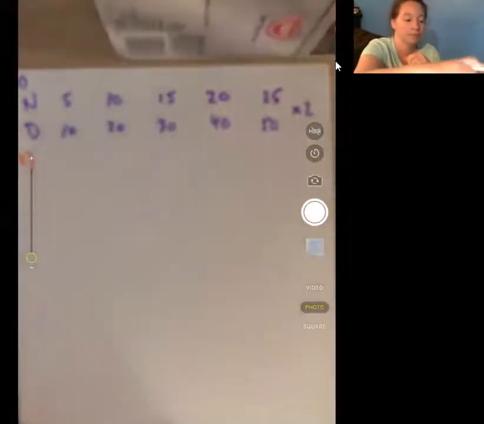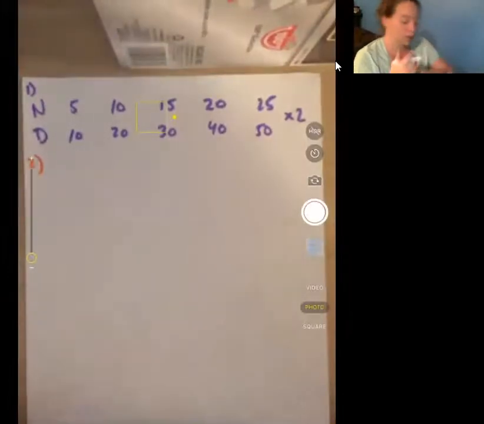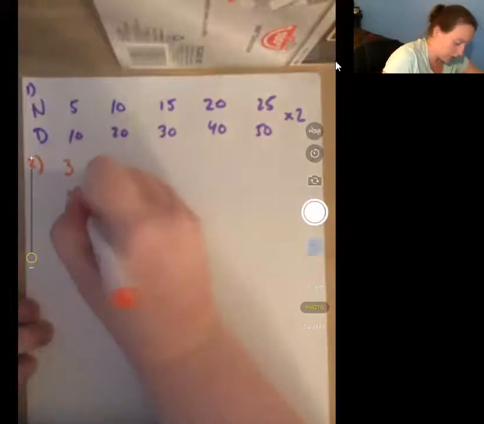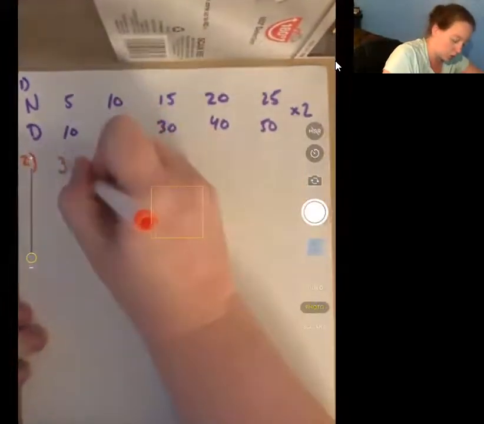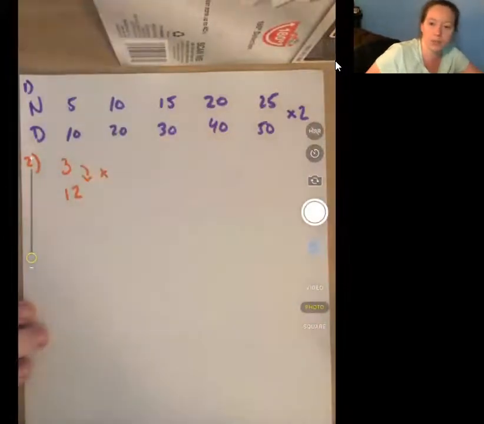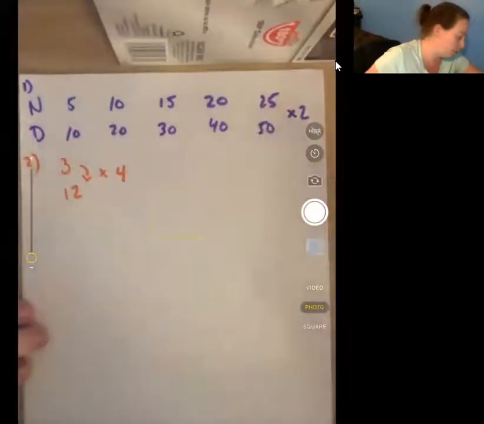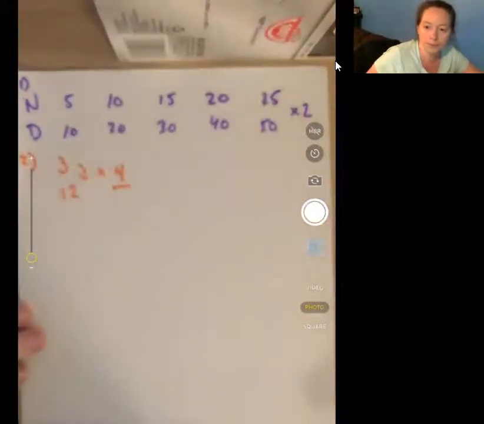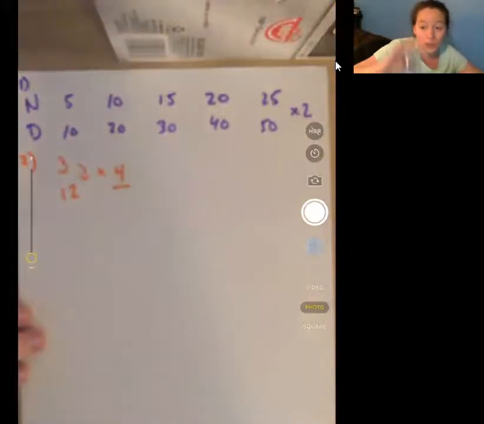Okay. So let's look. 3 books, $12 spent. What did I do to the 3 to make it a 12? I multiplied by what? 3 times what gives me 12? 3 times 4 gives me 12. So my rule is multiply the number of books by 4. This is actually really straightforward.